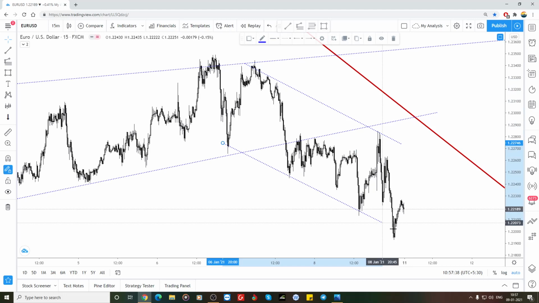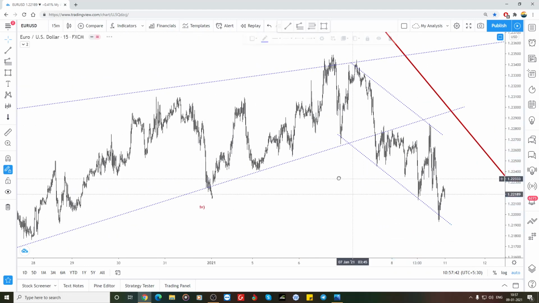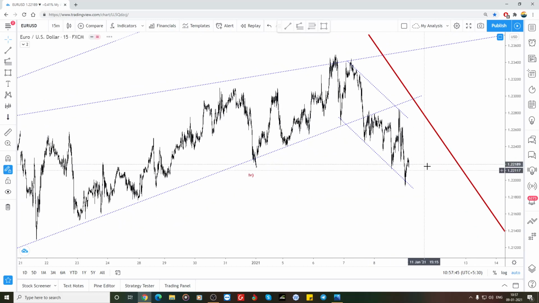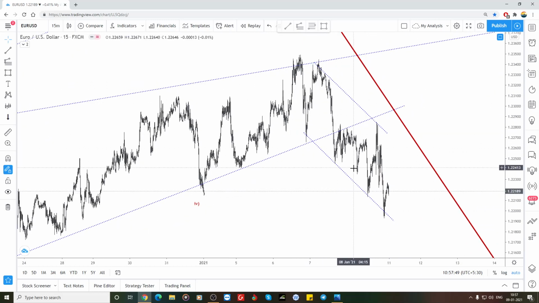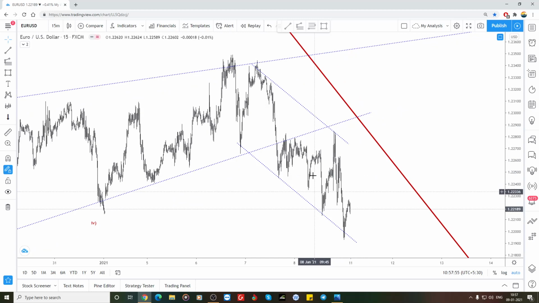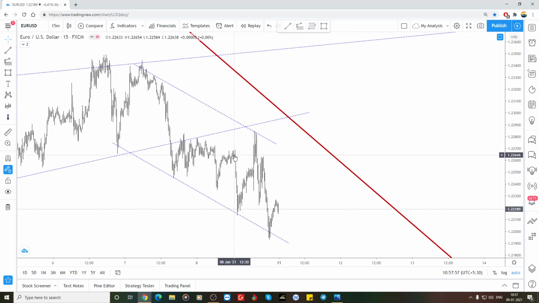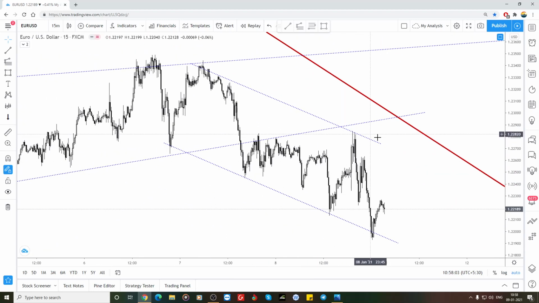So now we may get a little bit of 3-wave structures like that and keep coming to the downside. So here's a 1 2 3 4 5, 1 2. So this is the 3, and this is a B, C, B, A B C. So it's something here.